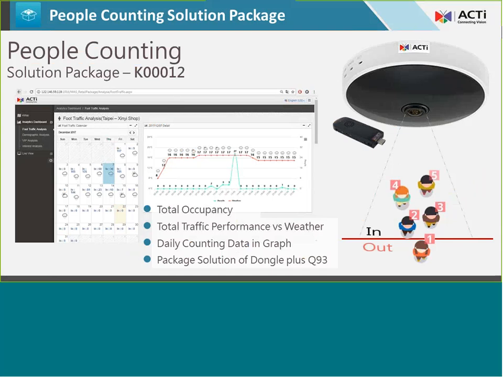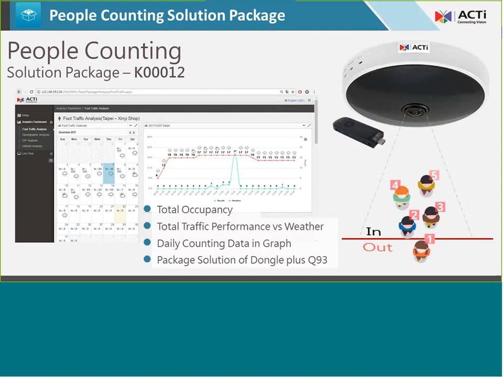For 3D cameras, there is an extra sensor that can detect the height of the object, so it gives a second rule to decide if that is an object to count or not.